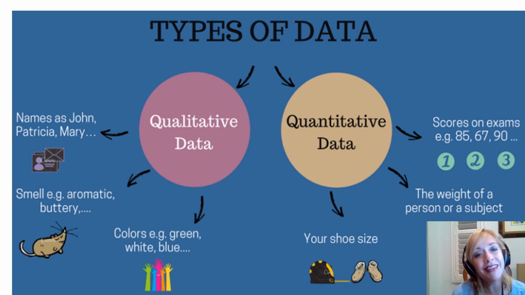Okay, let's talk about different kinds of data. You have qualitative data and you have quantitative data. Now I want you to look at the word quantitative. Does it look like quantity? When you look at the word quantitative, I want you to think of numbers because that's what it's about. It's about exact measurements and it's about numbers.